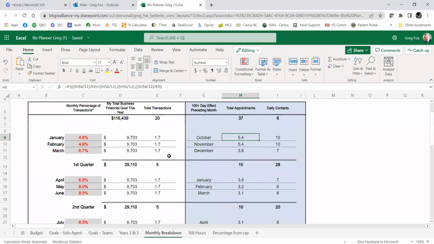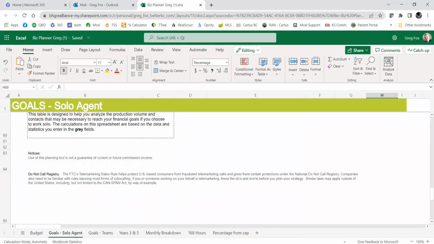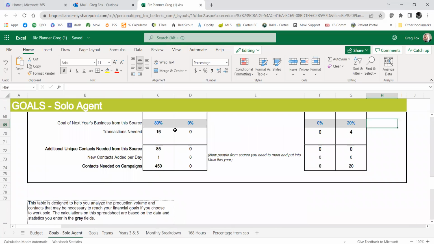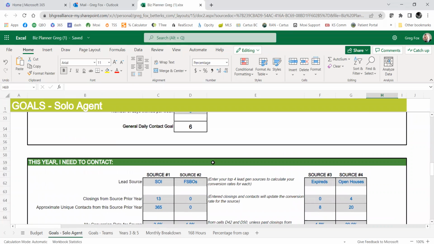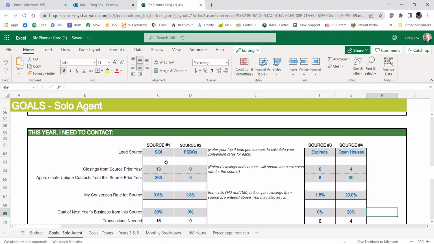So when you get into planning, we have 2 sections of this to help you with the plan. The first one is, where am I going to put my business? And for me, I'm doing sphere of influence and open houses. I took everything else out. If you want to put a physical farm in, put a physical farm in. Be sure you have numbers for that farm.